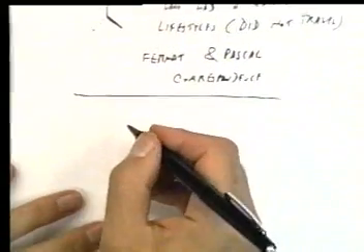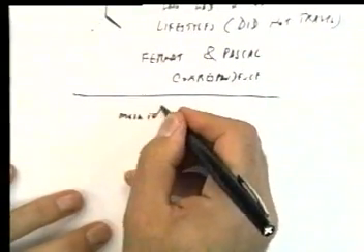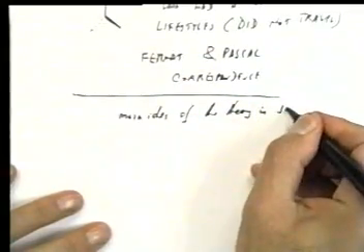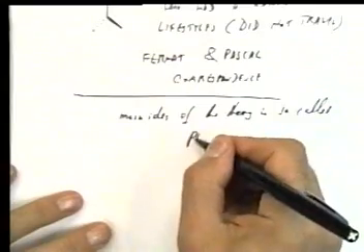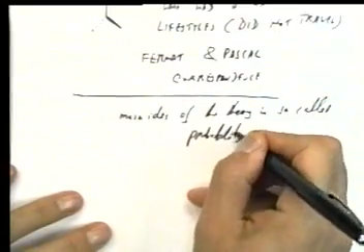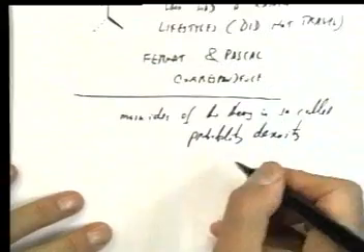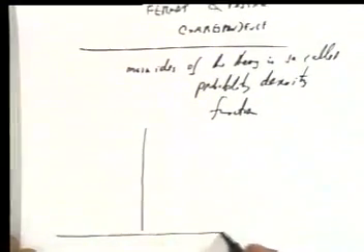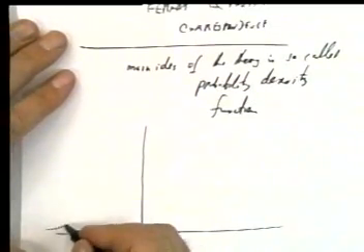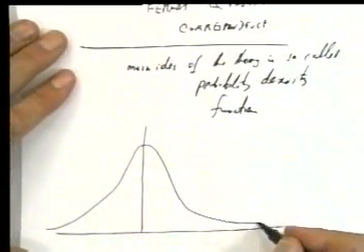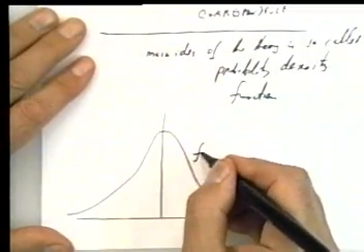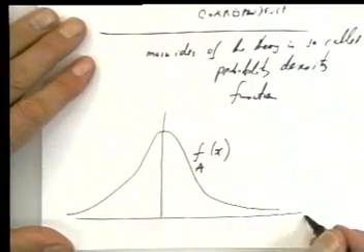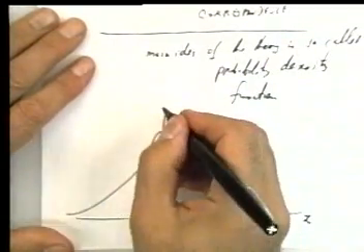Now, the main idea of the theory is the so-called probability density function. This is a function, say it is called f, of the random variable a, and that is x, this is x, and that is this function f.